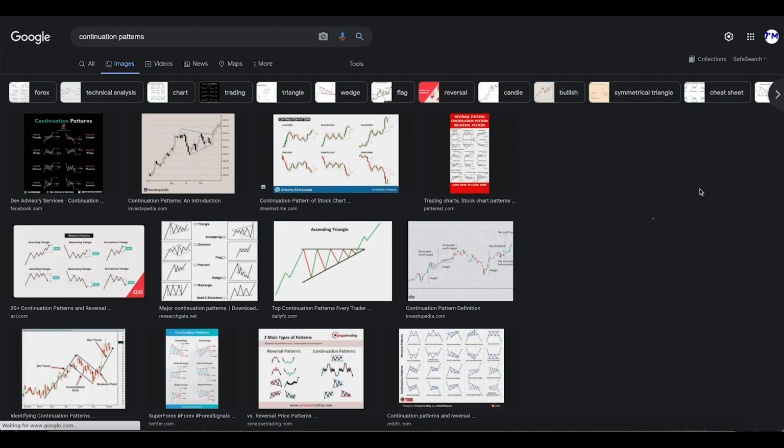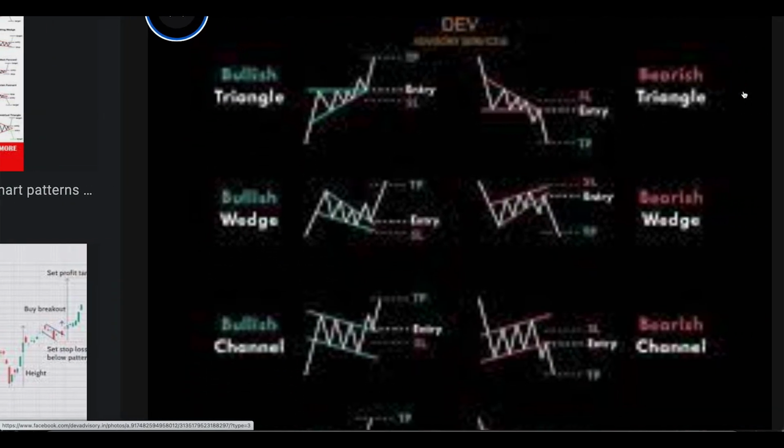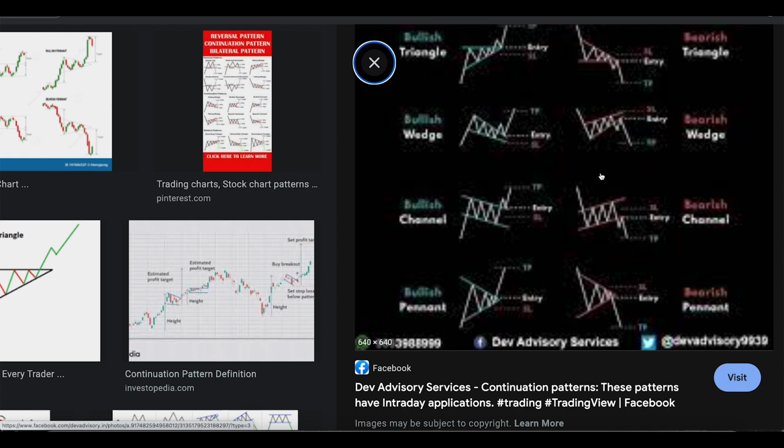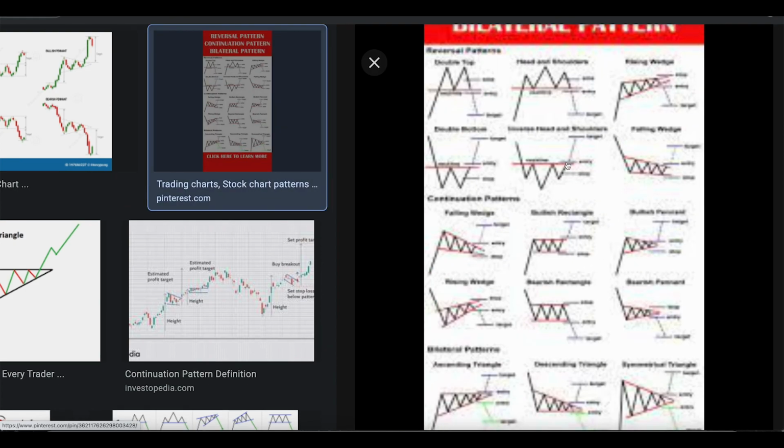Let's bring in the chart. It's going to load a little slowly with the internet. Let's go to the continuation patterns. We've got a bullish triangle and a bearish triangle as well.